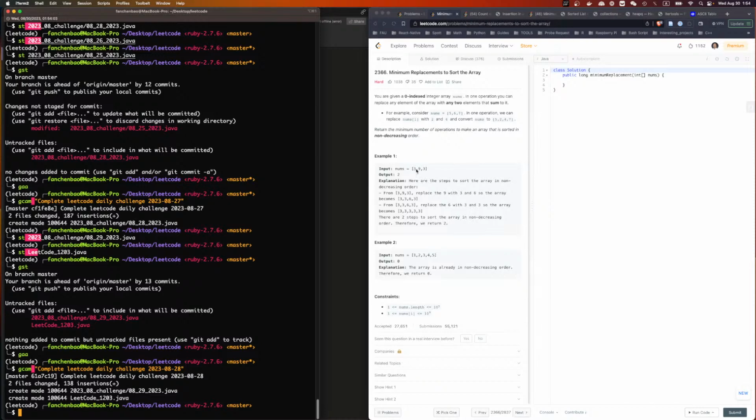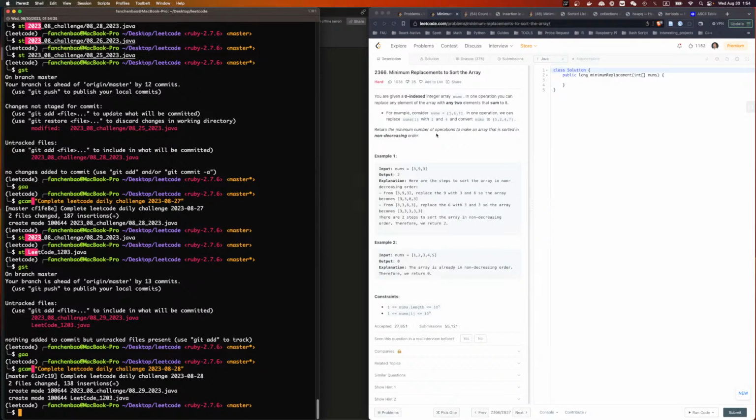Given a zero-indexed integer array, in one operation you can replace any element with any two elements that sum to it. For example, considering nums, in one operation you can replace nums[1] with 2 and 4 and convert nums to this.